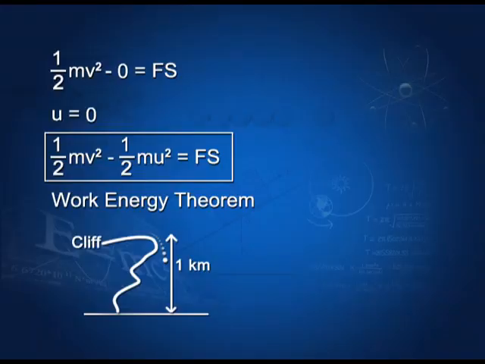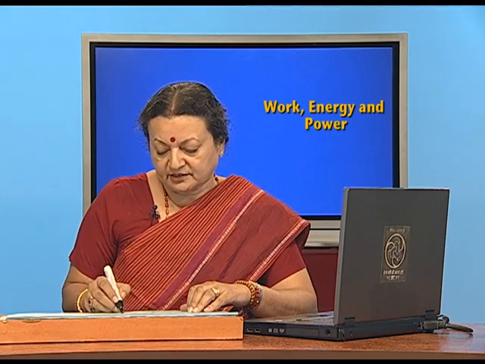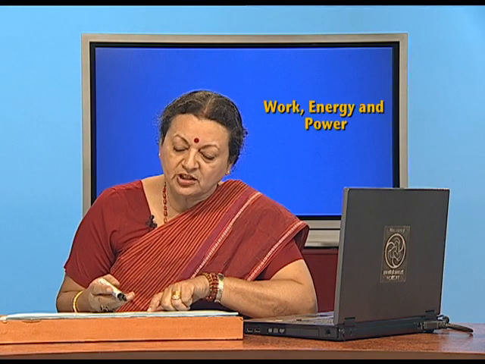There will be the gravitational pull, which will be its weight, and there will be a lot of resistance on account of air resistance. The moment it strikes the base, we would know how much work it has done, because we would know the displacement, we already know the force on it, and we can also find out the kinetic energy at which it strikes. So, the change in its kinetic energy and this should be equal. Whatever is lost would be the work done by this air resistance.